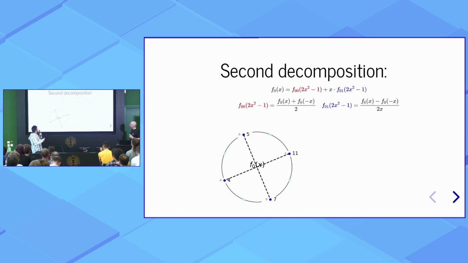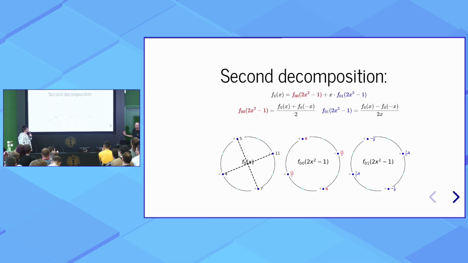F0 into two polynomials, F00 and F01, which is again the same as even and odd parts. So this time it's almost exactly the same, even and odd parts, only in a bit different basis. We'll show later, but yeah, it's taking even and odd coefficients and splitting them. So again, we'll take these 2 points and we take their average and anti-average and split it to left and right, like this. Their average is 6, as you can see, and their anti-average is -1 over the point b.